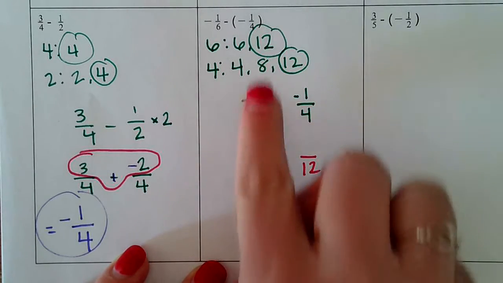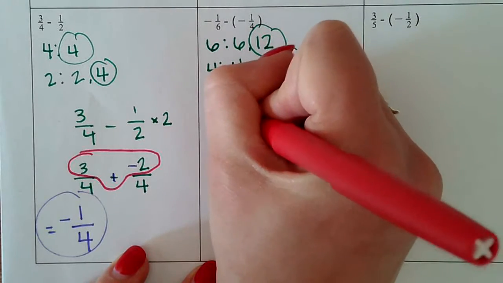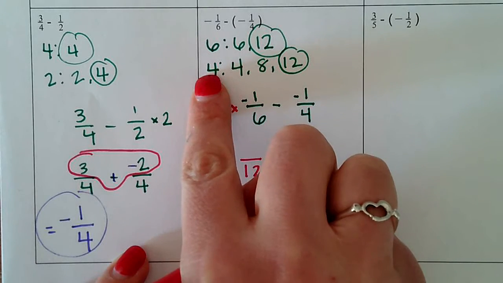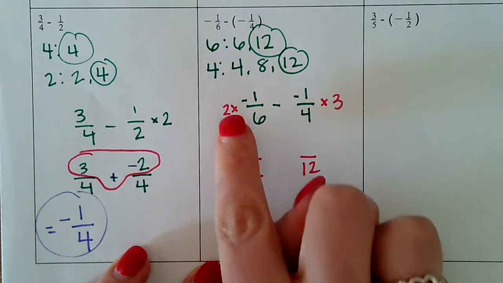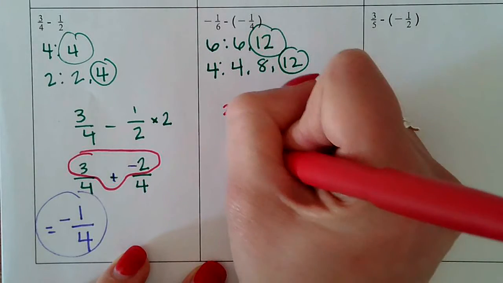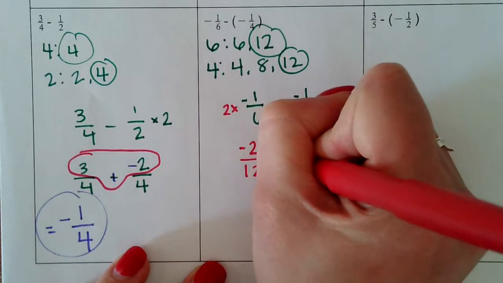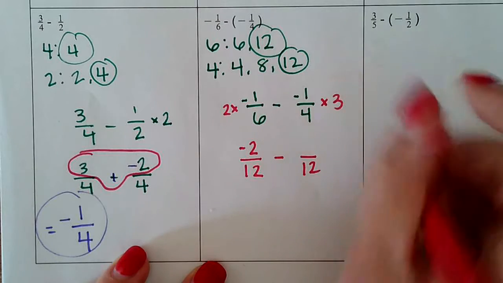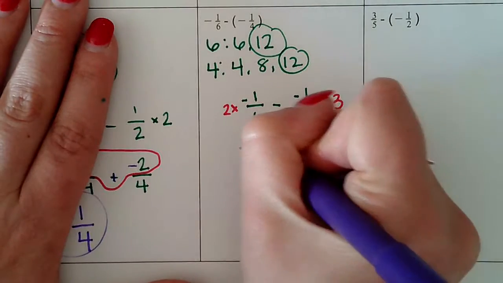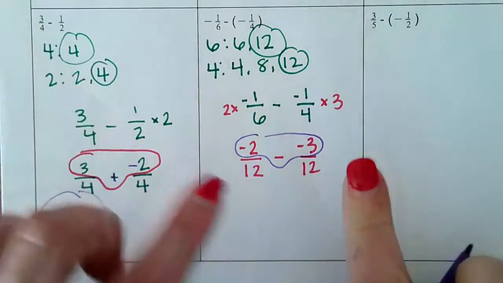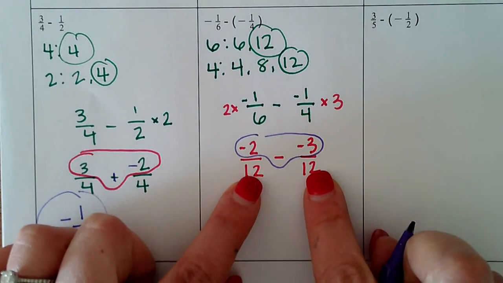To get from 6 to 12, I multiply by 2. To get 4 to 12, I multiply by 3. 2 times -1 is -2. 3 times -1 is -3. Again, I keep my first number. I only focus on my numerators now since my denominators are the same.